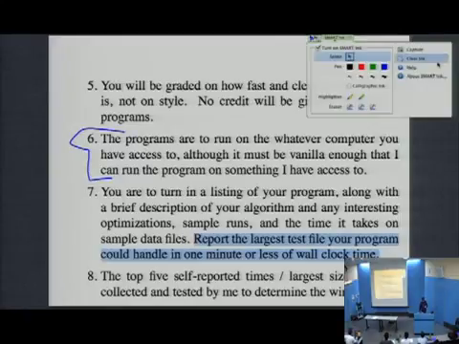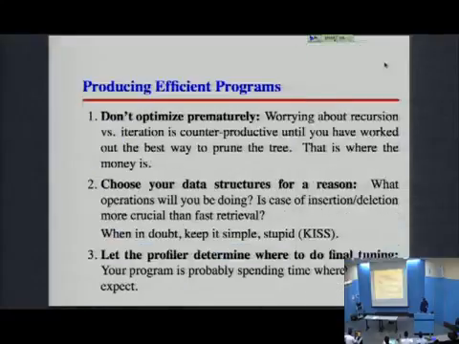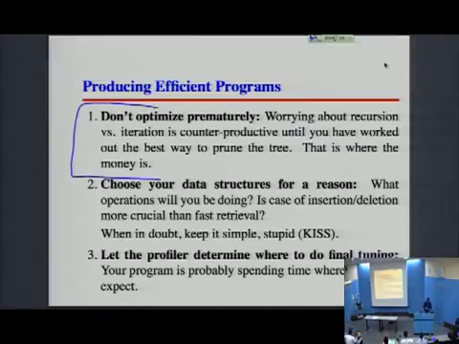Let me give you one more hint. One thing I strongly urge you to do is to not optimize prematurely. What does this mean? What matters at the beginning is how much of the search tree you prune. Some of you may say, I can do backtracking iteratively instead of recursively, is that better?